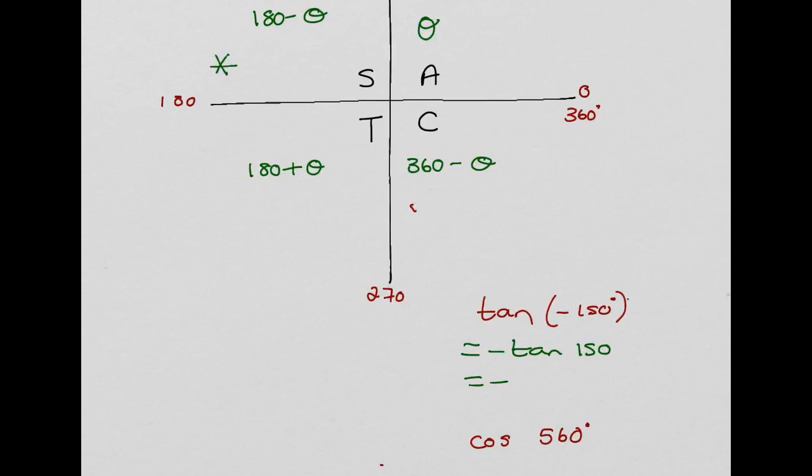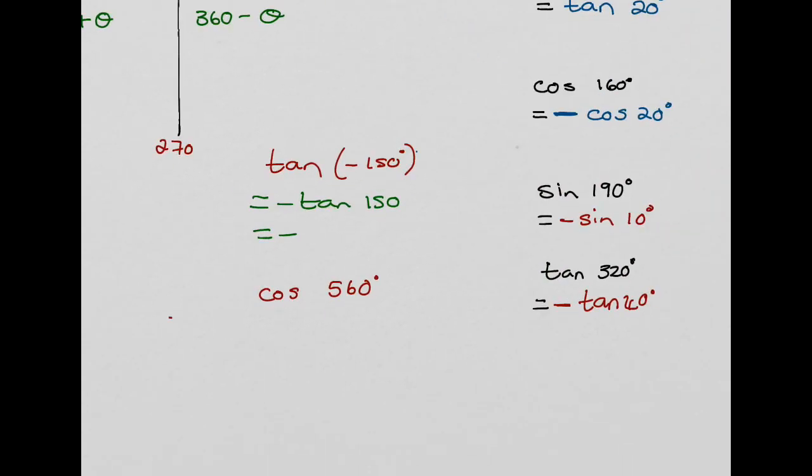So we end up with sine's quadrant making tan negative, and it's tan 180 minus 30 degrees. So it ends up being positive tan 30 degrees, and that's the effect of the negative angle and the reduction. And tan of 30 degrees is root 3 over 3, which is a special angle.